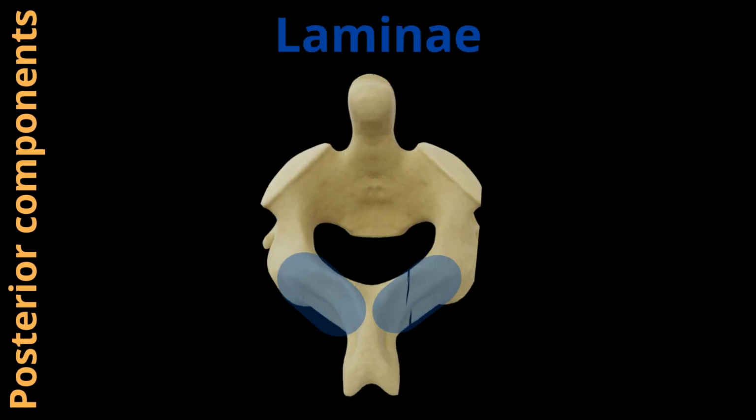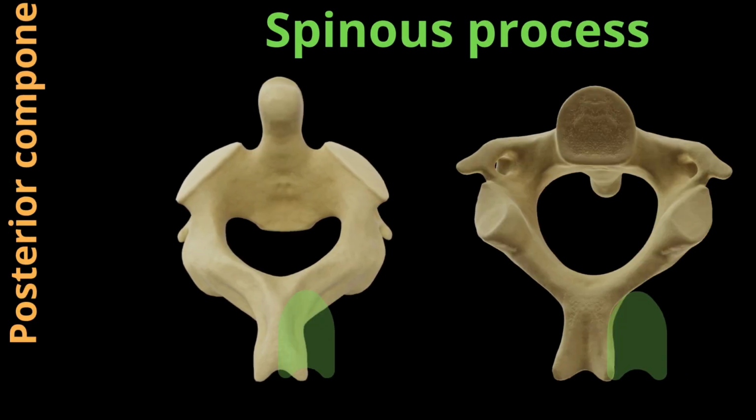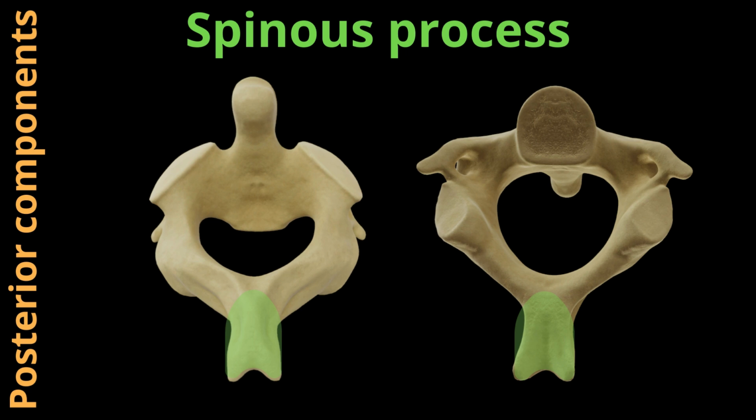Posterior components. Laminae. The laminae of the axis are thick and strong. They project posteriorly and medially from the transverse process and join in the midline to form the spinous process. The lamina of the axis serve to attach to the ligamenta flava. Spinous process. The spinous process is formed by the fusion of the two laminae of the axis.